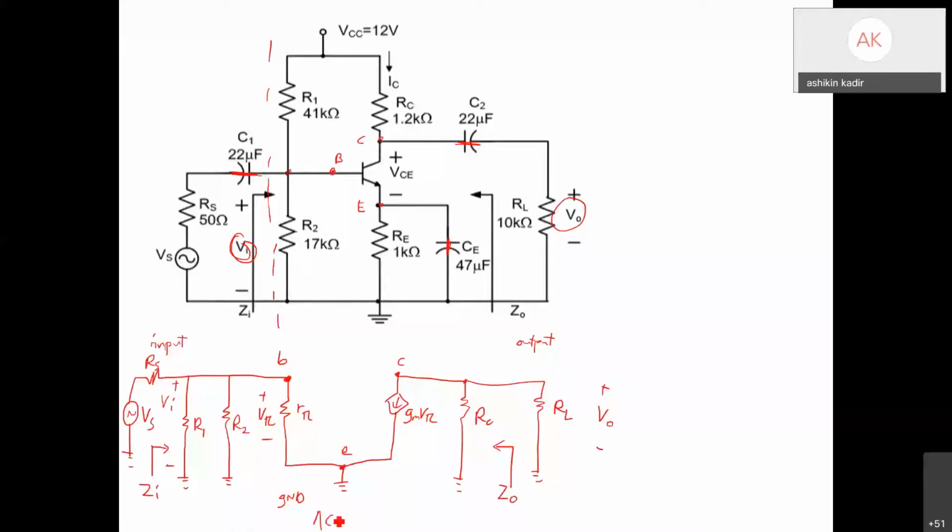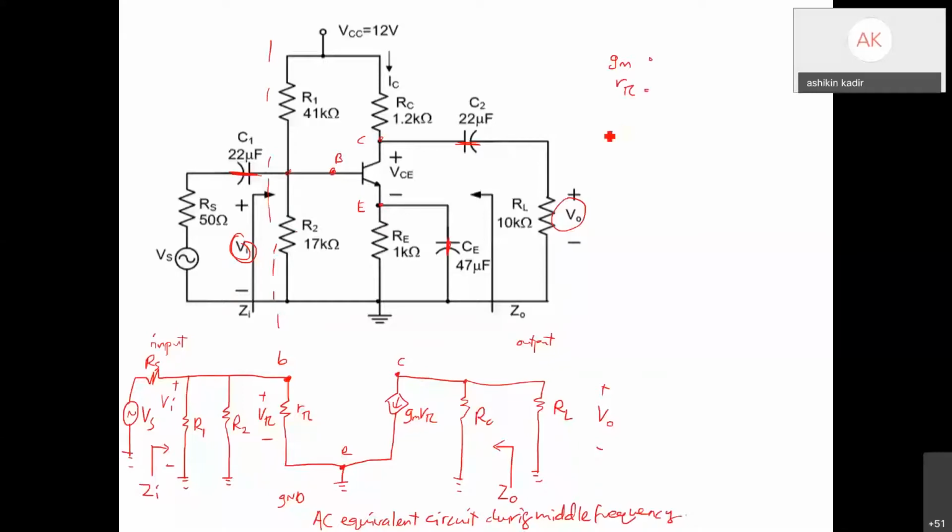Okay, so this is your AC equivalent circuit during middle frequency. Here you need to determine your, just now you already calculated your GM and R pi.